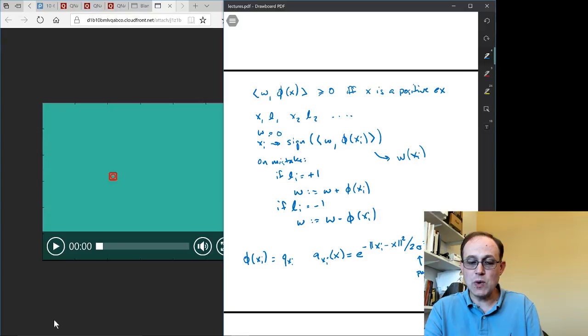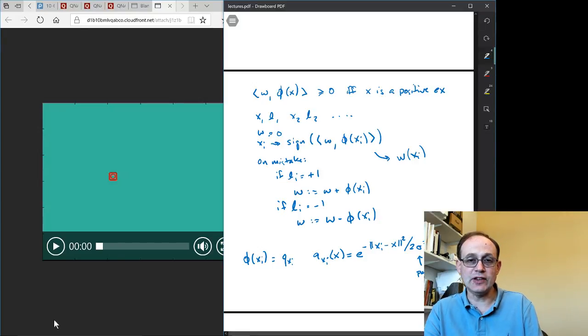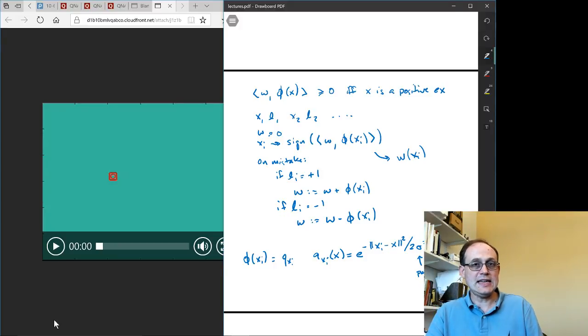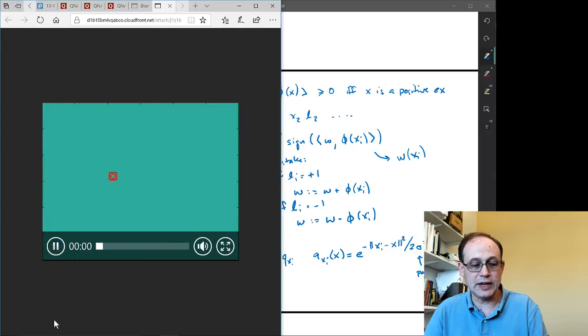So if we evaluate W at xi and it has the wrong sign, then we add a Gaussian bump centered at xi, which makes it larger, or subtract a Gaussian bump centered at xi, which makes it smaller. And so you can see that the function we're working with is going to do better and better at becoming a discriminant function. Here's what that looks like.